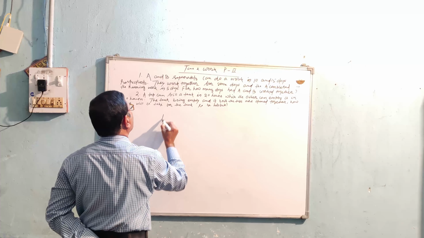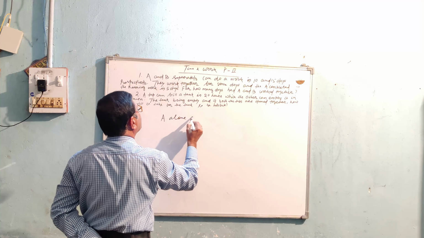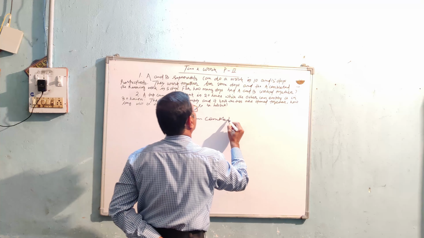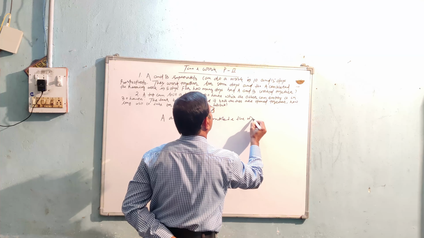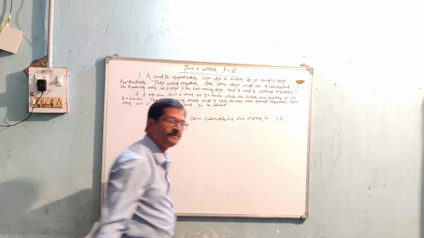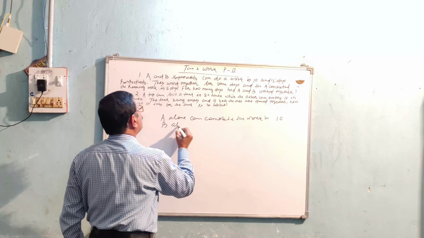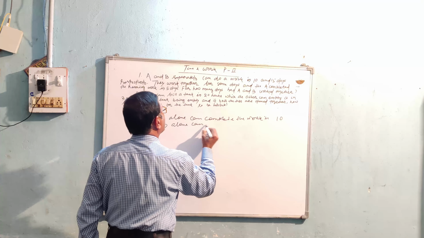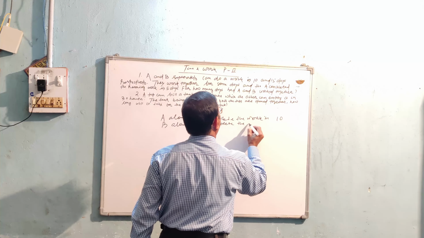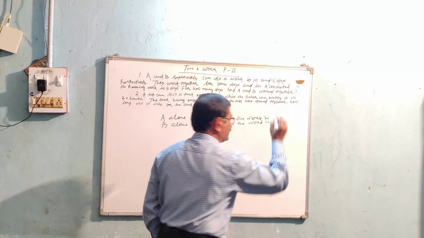So it means A alone can complete the work in 10 days, while B alone can complete the work in 15 days.